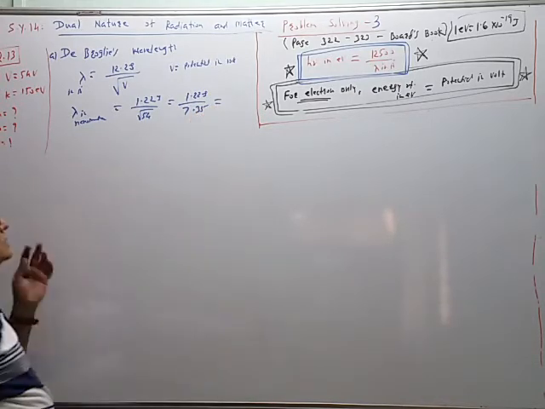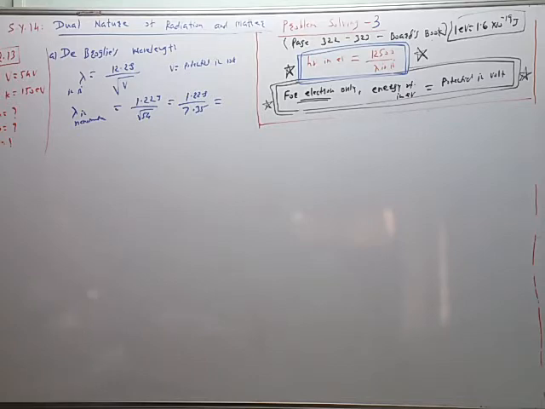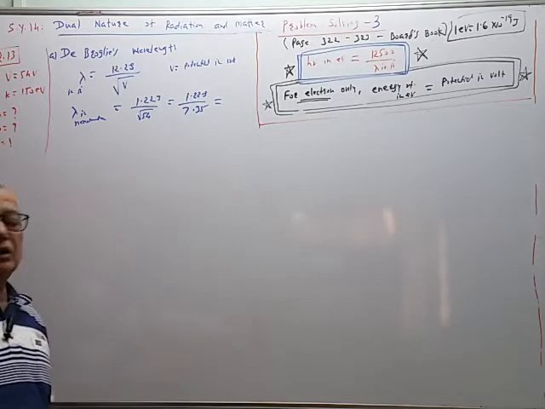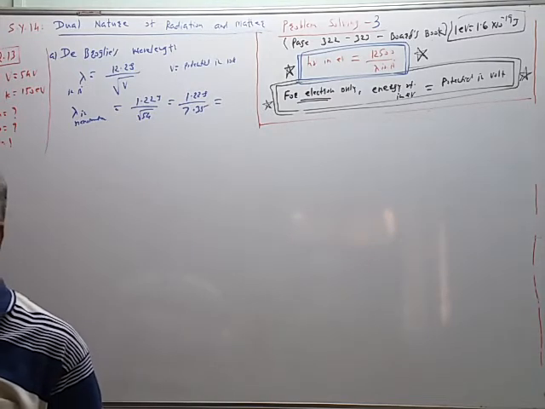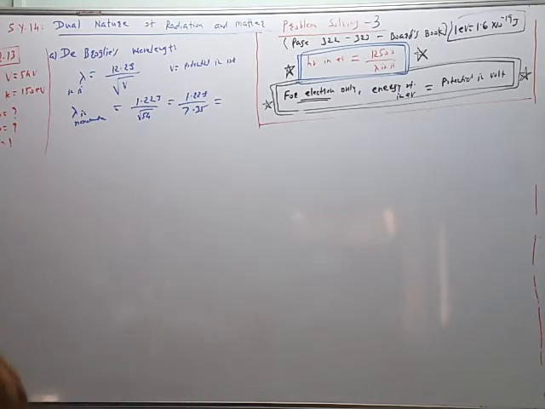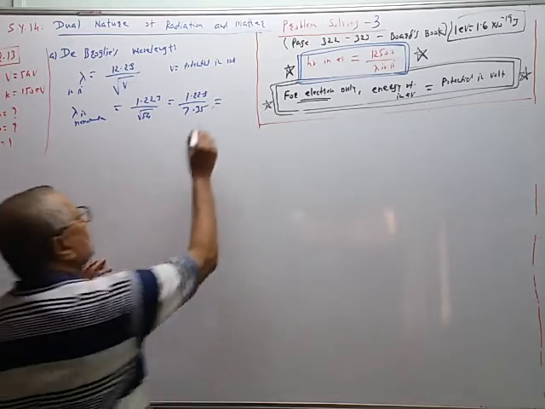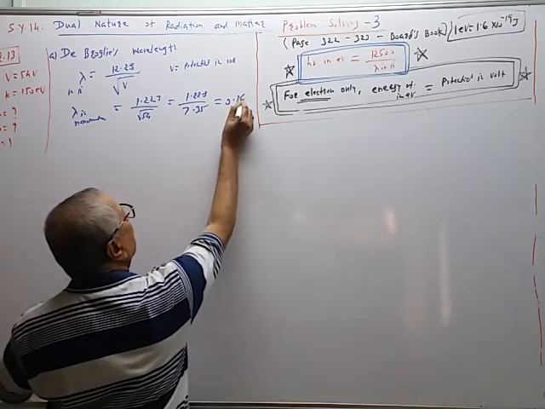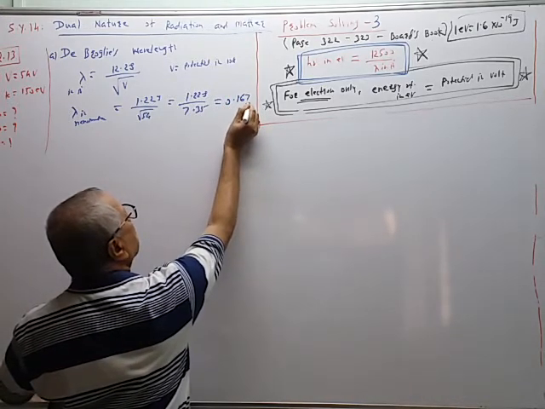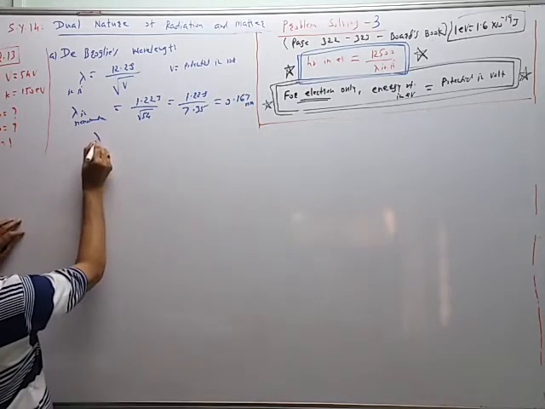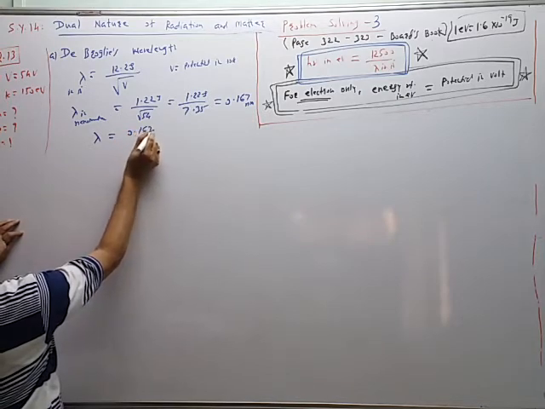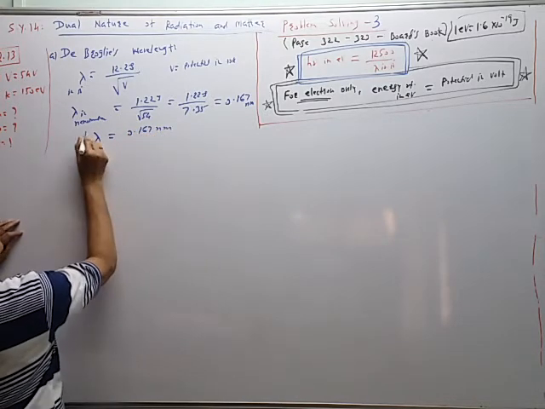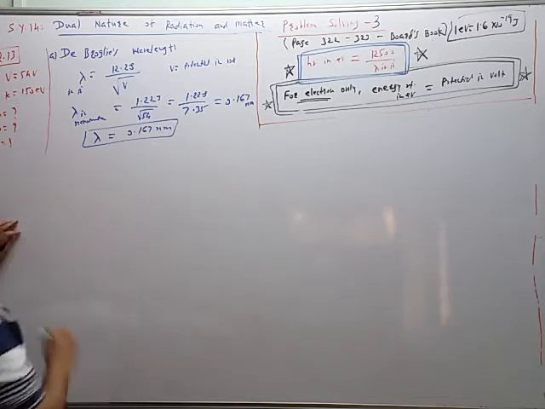Therefore this is equal to 1.67 angstrom, 0.167 nanometer. So wavelength lambda is equal to 0.167 nanometer. This is the answer of the wavelength.